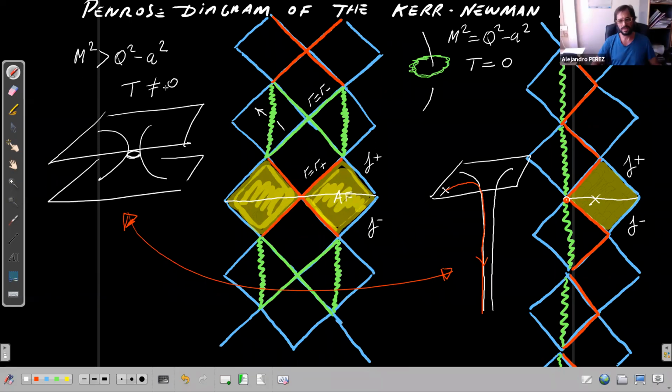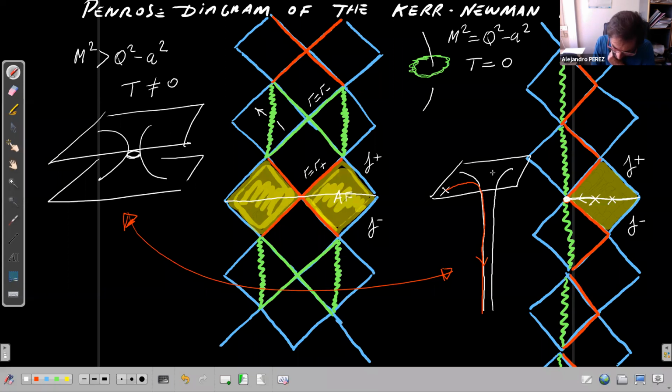I'm not sure if I understand the question. What I'm doing is I take here one Cauchy surface like that, and I am telling you what happens with the geometry of that surface as I approach this point. And this is something you have to show by looking at the extremal Kerr geometry, and the result is what I'm telling you. This point here is at infinite distance from any point inside here.